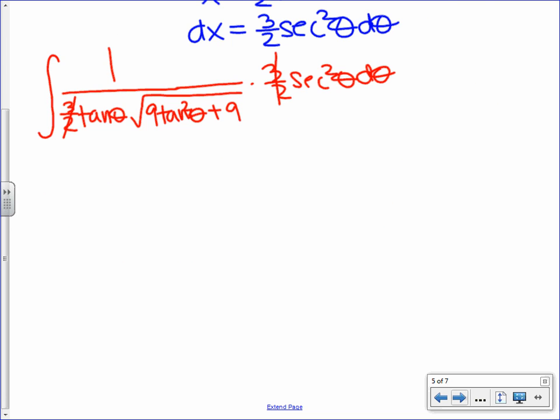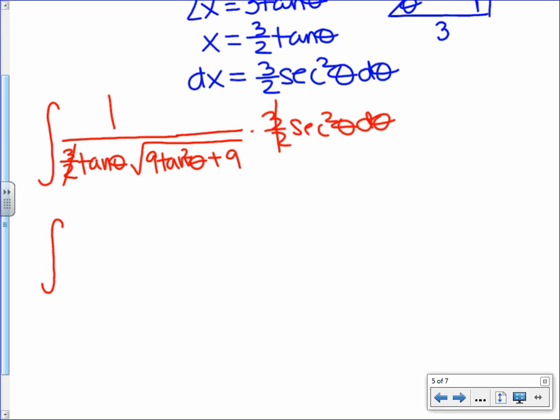Like I said, you're going to do this enough to where you're going to be able to figure out what's going on right here. This is really not the square root of 9. It's 3 secant theta. So we can factor out a 9 to be multiplied by tangent squared plus 1. Tangent squared plus 1 is secant squared. So in our denominator, this radical becomes 3 secant theta.